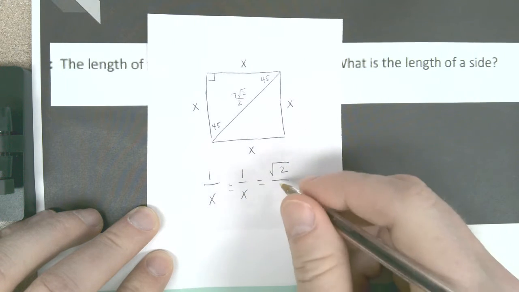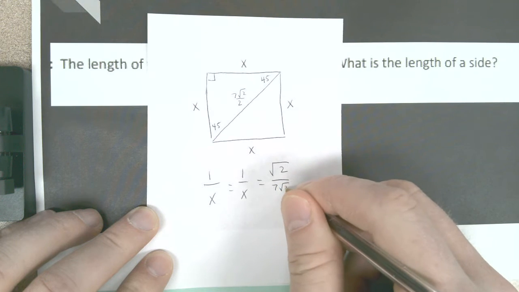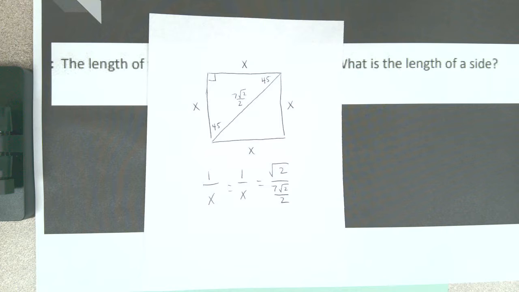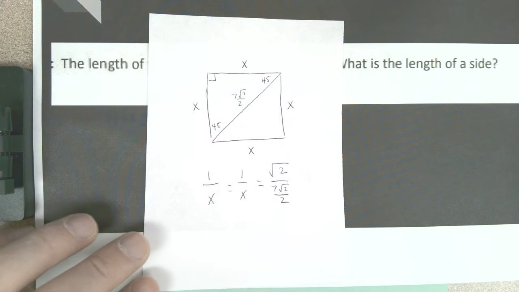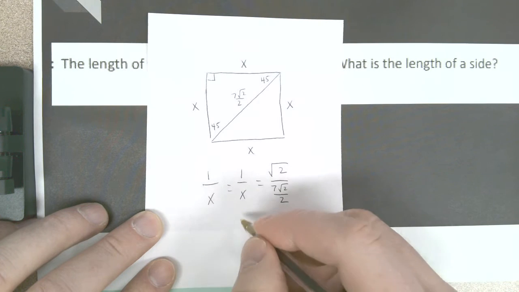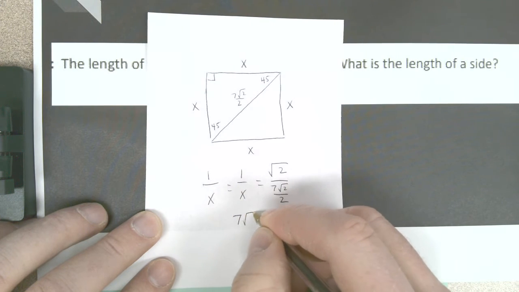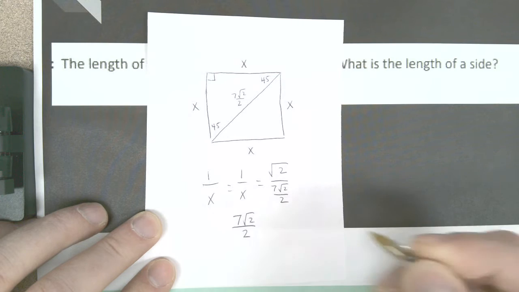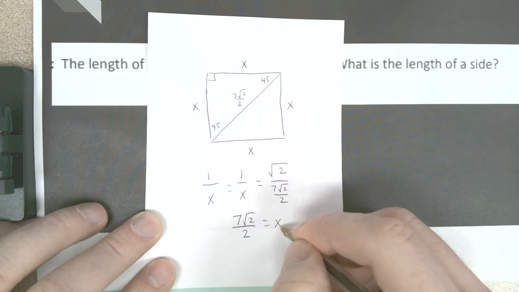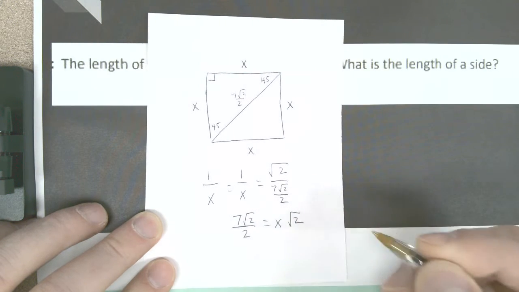And the hypotenuse here is 7 radical 2 over 2. Now, when I go ahead and solve here, I cross multiply. 1 times 7 radical 2 over 2 is 7 radical 2 over 2. And then x times radical 2 is just x radical 2.